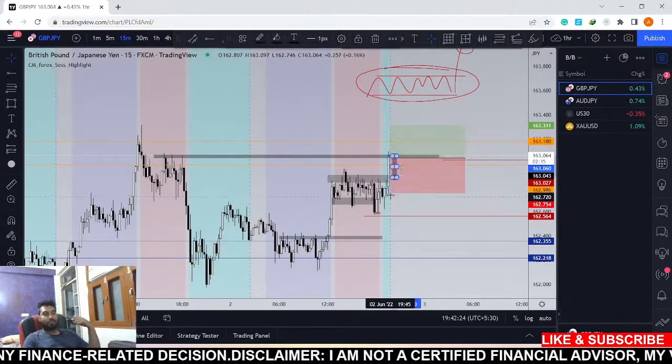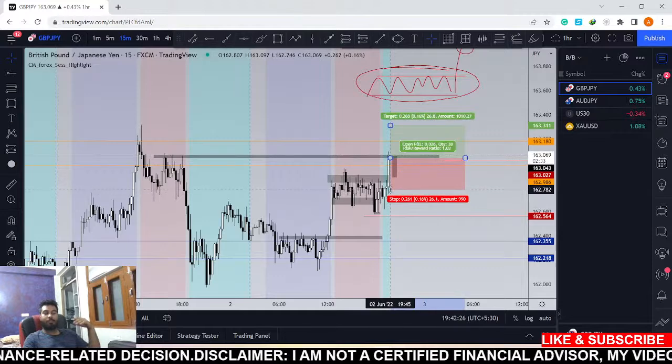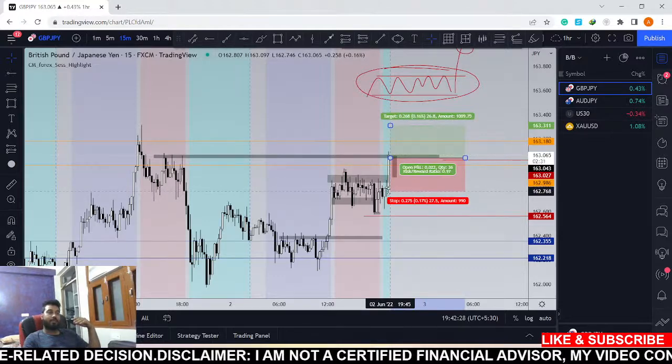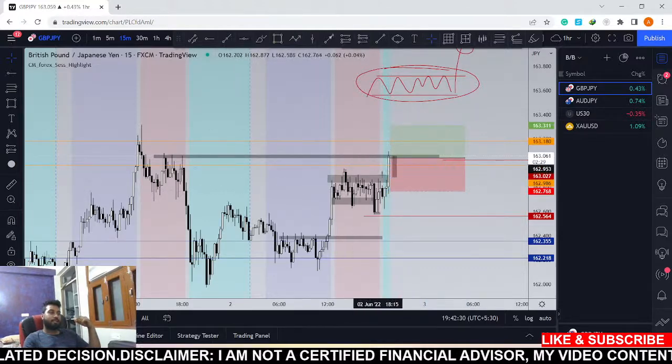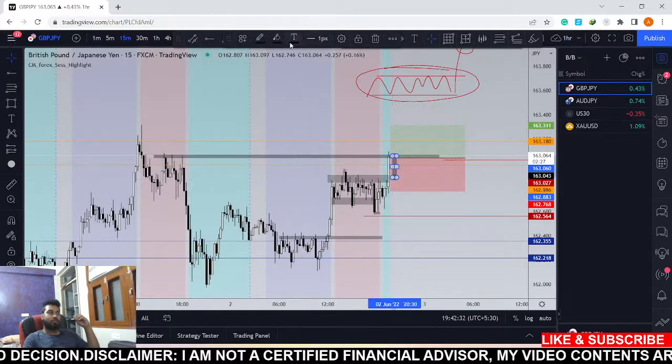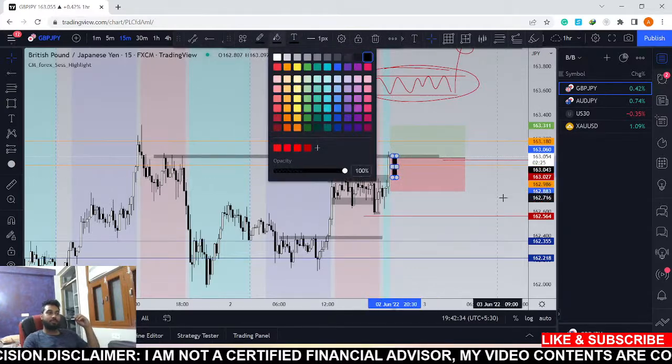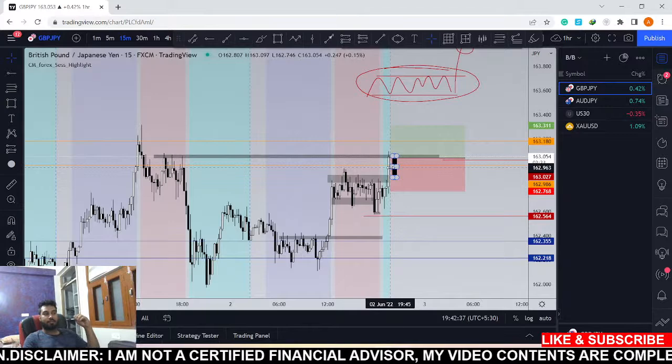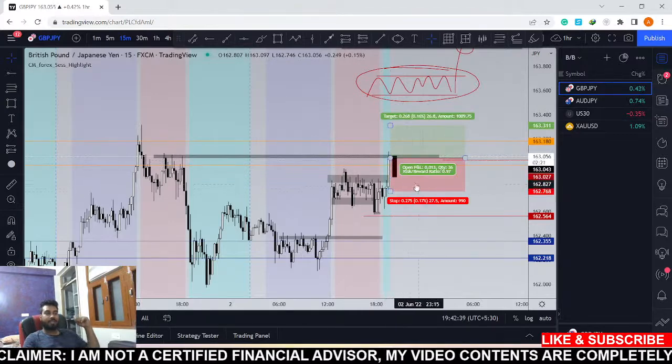If your stop loss is below the 15-minute candle, there is room for you to exit from this trade earlier, so you don't take the entire loss.